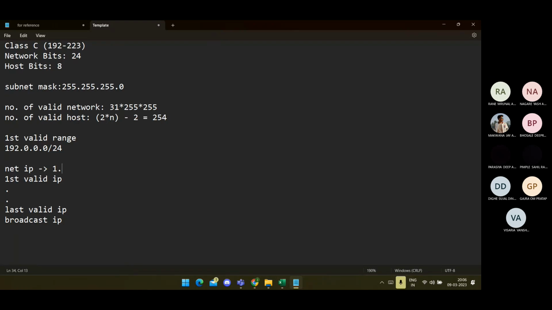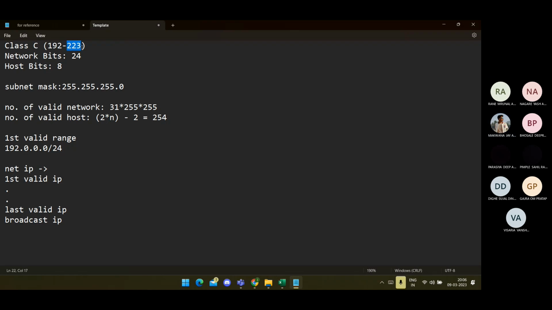So this is the range of IP addresses, an IP address with subnet mask. In C class, the IP address will always start with 192 and end with 223.